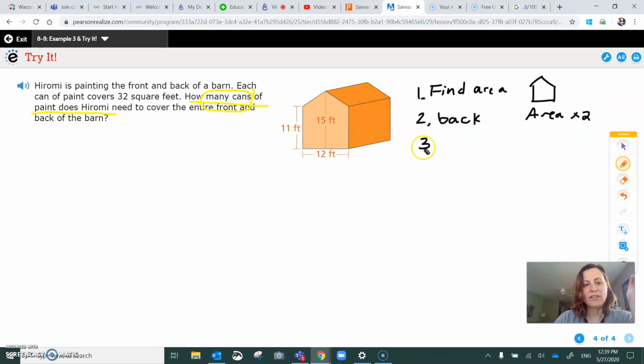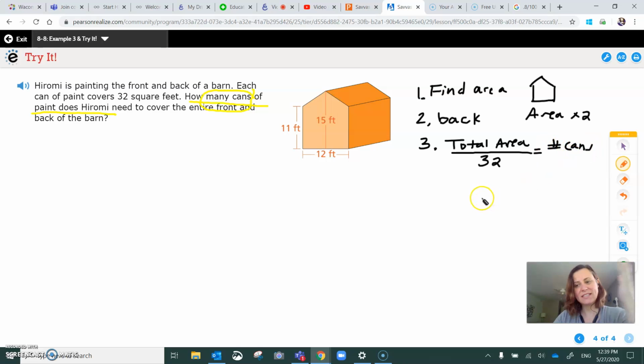So at that point I'll have the total area. So once I have the total area, if every can of paint covers 32 square feet, then if I divide this into groups of 32s, that will tell me the number of cans of paint that I need. So this is my checklist. This is what I'm going to keep track of. It's good to have a game plan before you start.